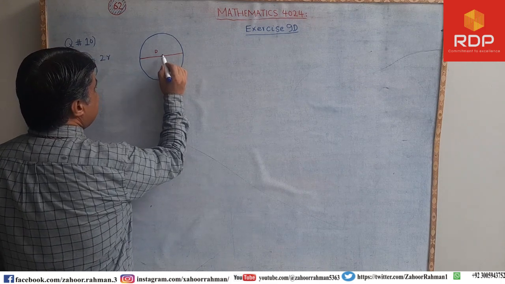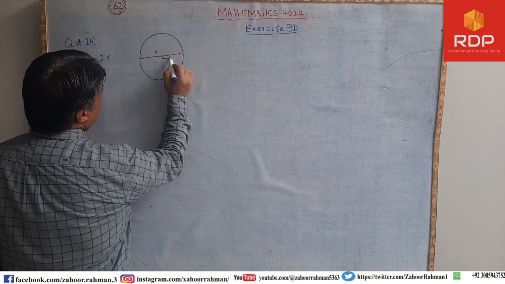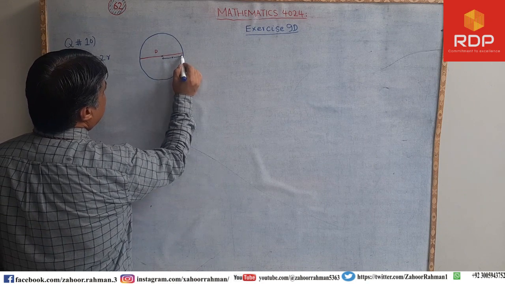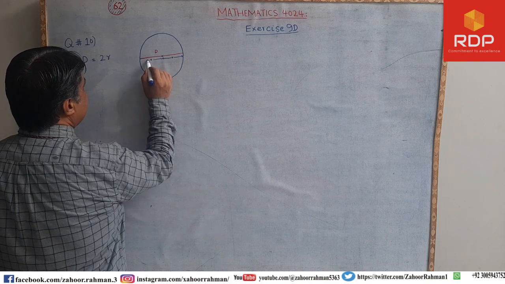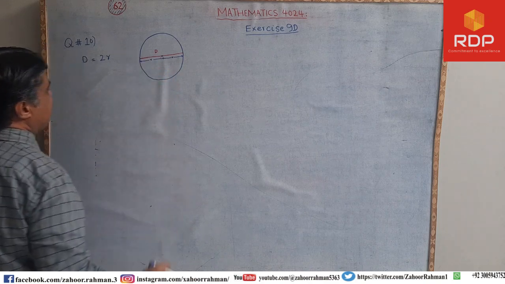This is the middle point, so this is one r on this side and another r on this side.